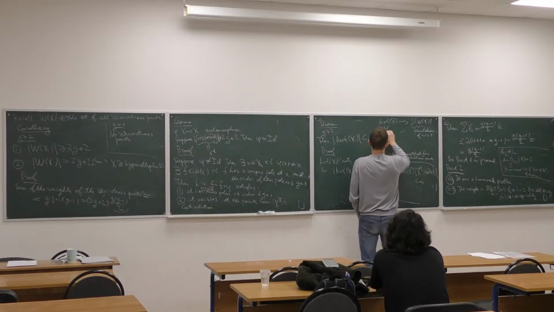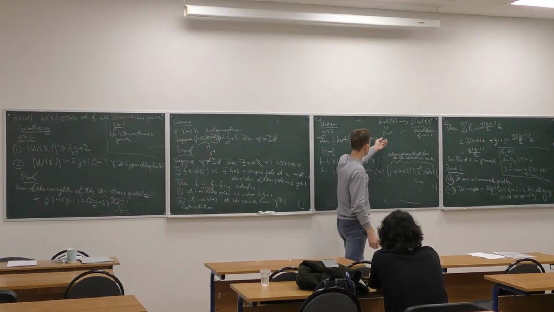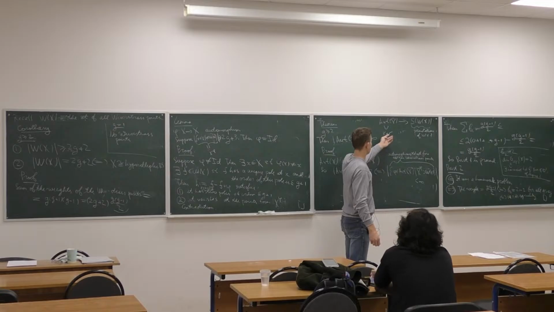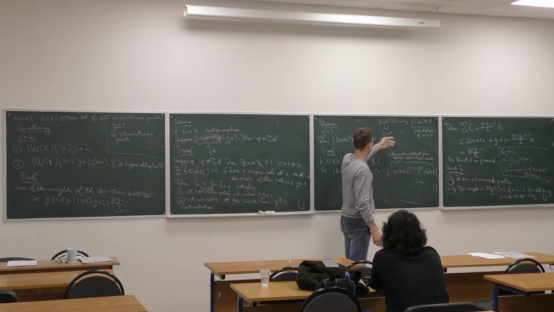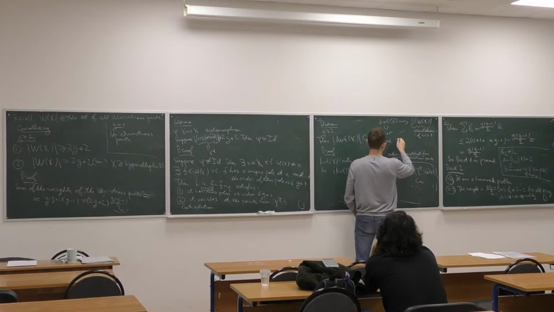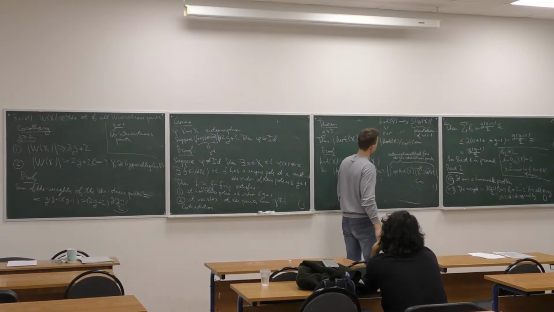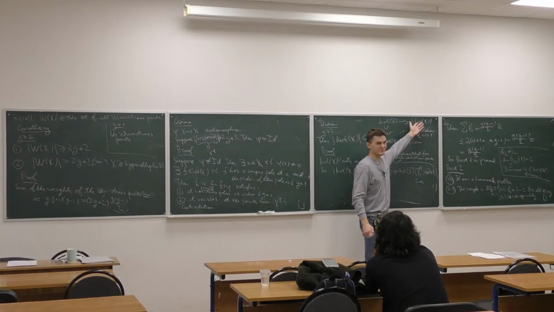Here you have the kernel of this homomorphism, and the quotient by the kernel is finite, because the quotient by the kernel is the image, and the image is finite.